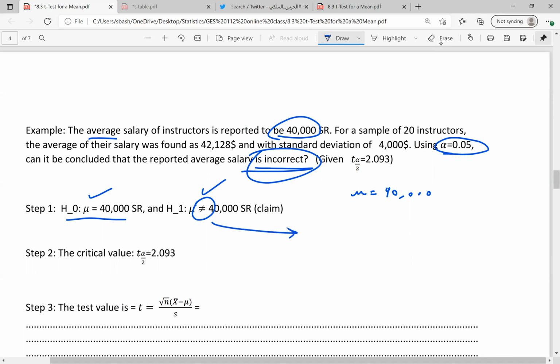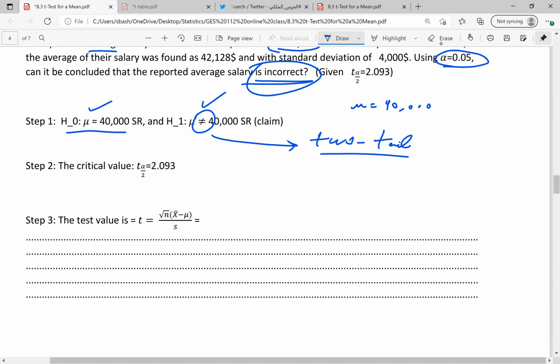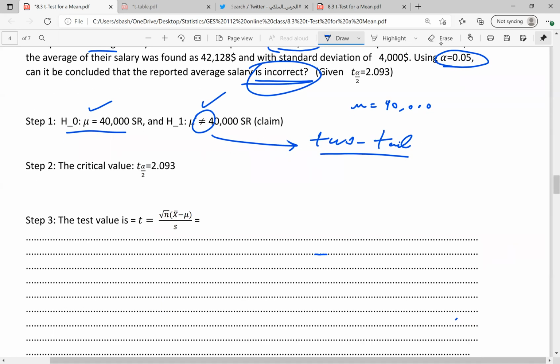This will give me two tails. So I will have two critical values, one to the left and one to the right.